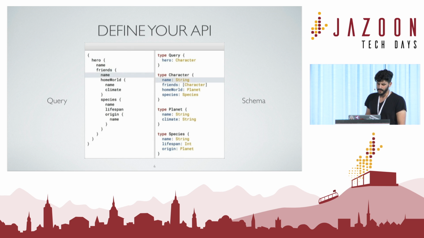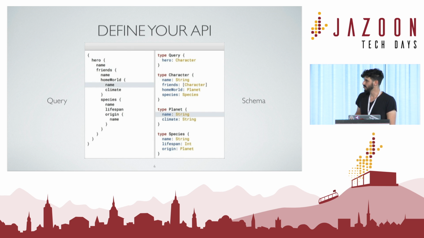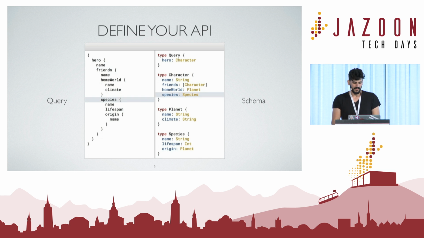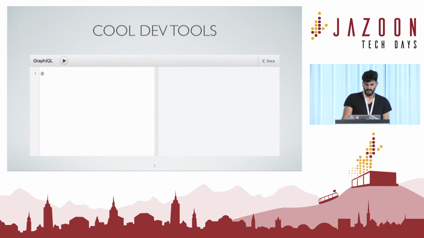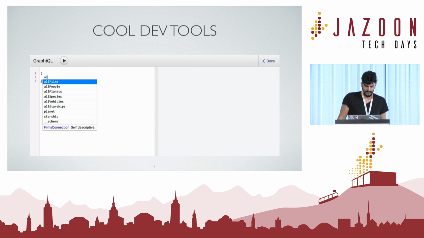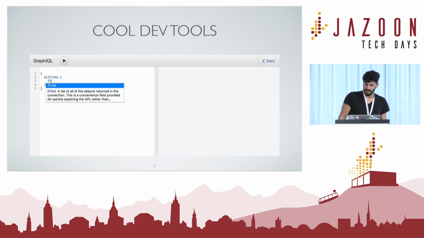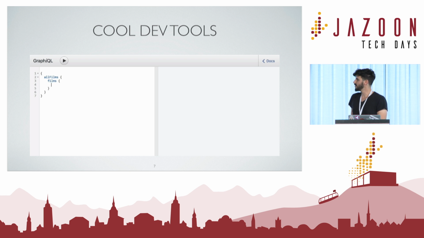Every field in your query is defined by either a complex or primitive type. That allows us to easily validate data returned, so the client will get exactly what it expects. It also allows us to create smart developer tools that know what our applications have to offer.